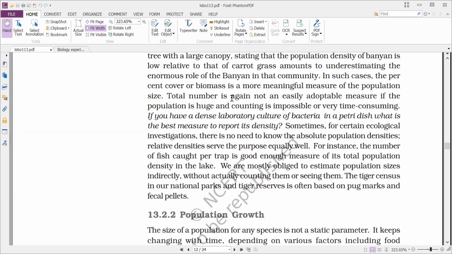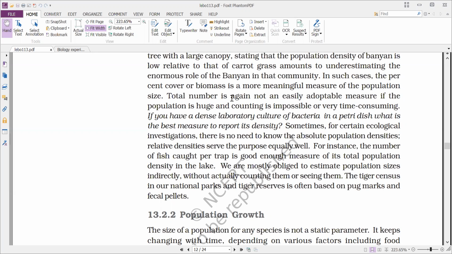We are mostly obliged to estimate population sizes indirectly without actually counting them or seeing them. So instead of counting all the organisms, by relative densities itself we are able to estimate the number of organisms present in that area.